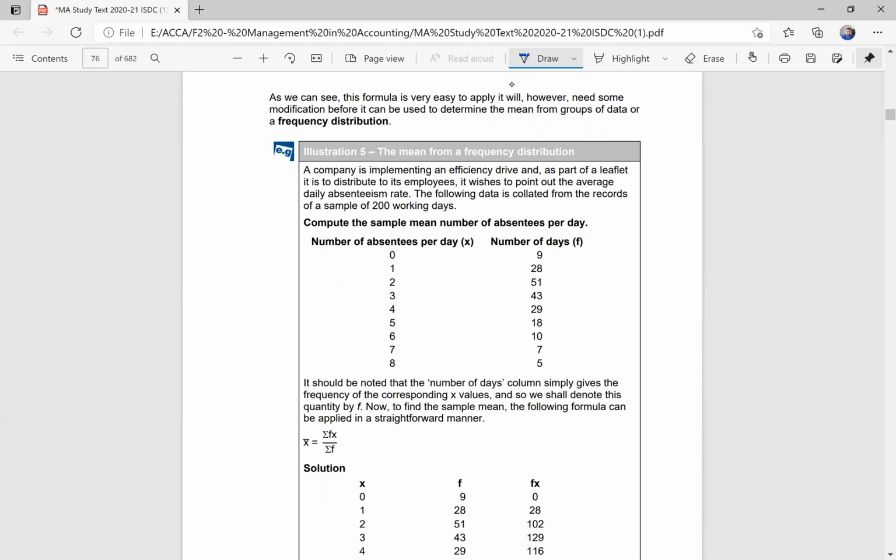Number of absentees per day are given in the form of X, number of days are given in the form of F. Okay, so you are first going to multiply F with X. You're going to add the values of it divided by number of F that is given to you, and you will compute your mean.